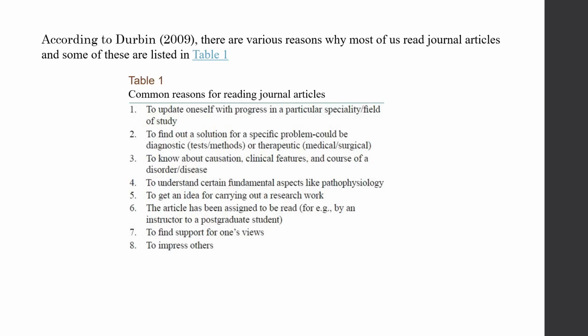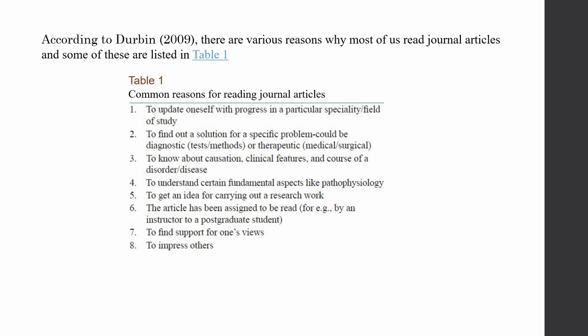According to Darwin, there are various reasons why most of us read journal articles, and some of these are listed. First, to update oneself with progress in a particular specialty or field of study. Second, to find a solution for a specific problem, which could be diagnostic tests, methods, or therapeutic or medical surgical.